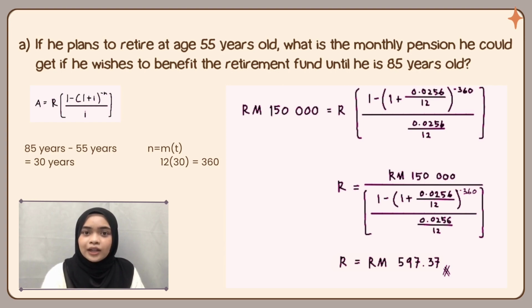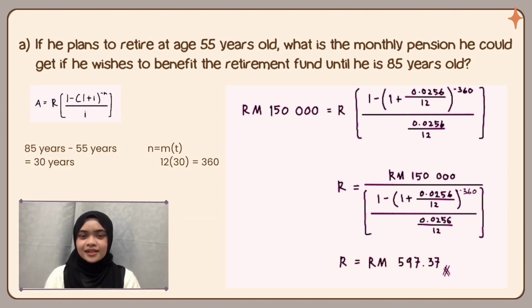So R equals 150,000 divided by 1 minus (1 plus 0.0256 divided by 12) to the power of negative 360, divided by 0.0256 per 12. The answer is 597 ringgit and 37 cents.